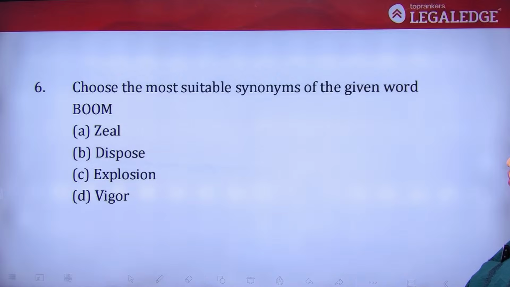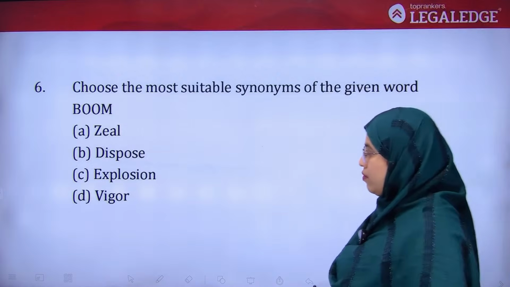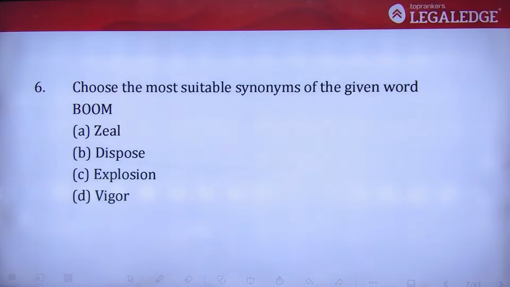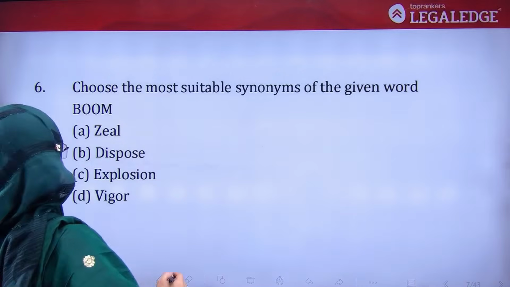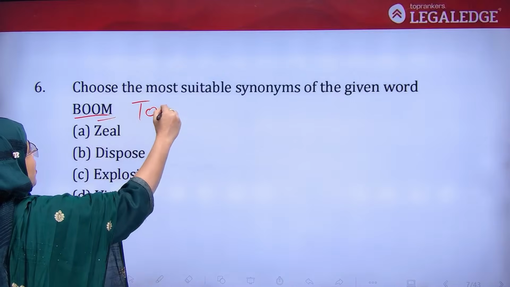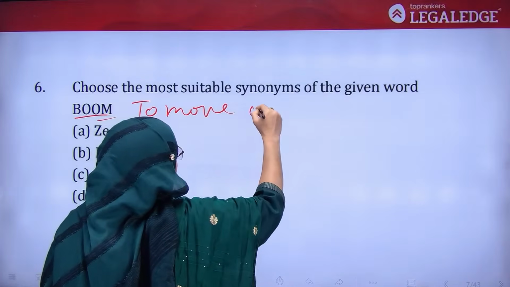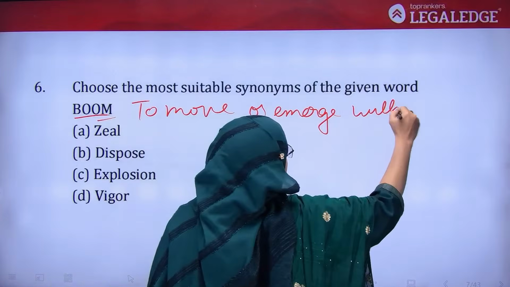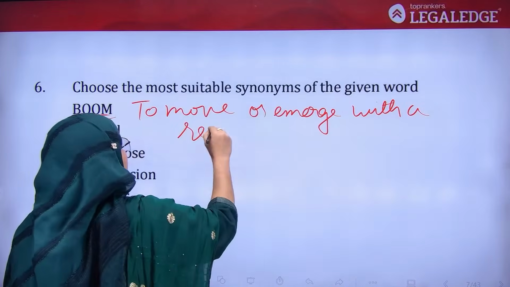Question number 6 is on screen. Boom is to move or emerge with a resounding rush.